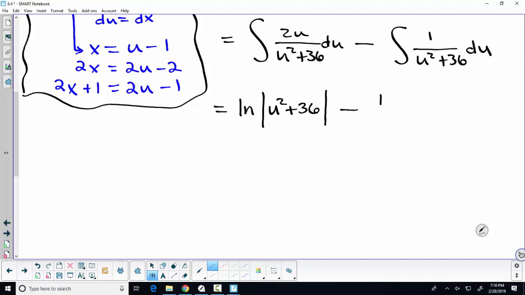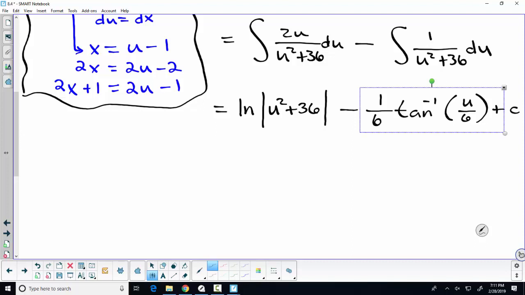So we have 1 over a, inverse tangent of u over a, where a is 6. So yeah, another substitution for this one and a trig substitution for that one would also work.